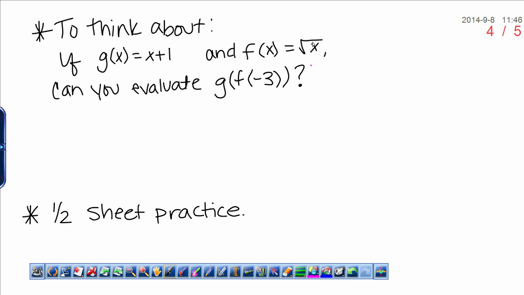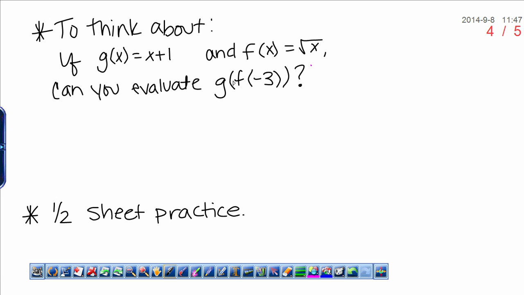Zero, bracket 0 is common. Yeah, all x values greater than or equal to 0, right? This is a square root parent function. We are not allowed to plug in anything smaller than 0, right? So since negative 3 is not a part of the f of x domain, it can't be a part of the composed function's domain, okay?